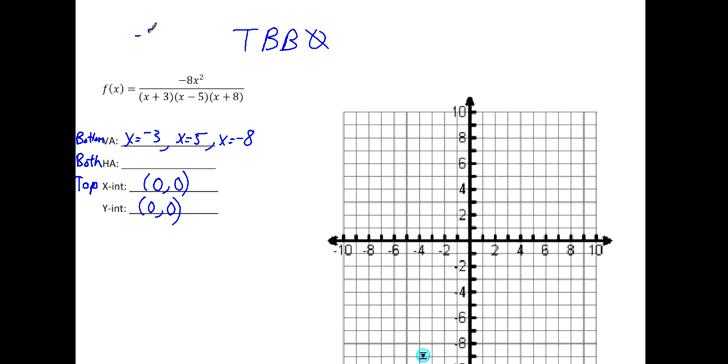Well, the power of the top is -8x squared. That one's easy. The bottom is going to be x times x times x, which is x cubed. And since the bottom is bigger, going back to that chart, my horizontal asymptote is automatically at y equals 0. Okay? So there's my information that I'm going to be graphing.